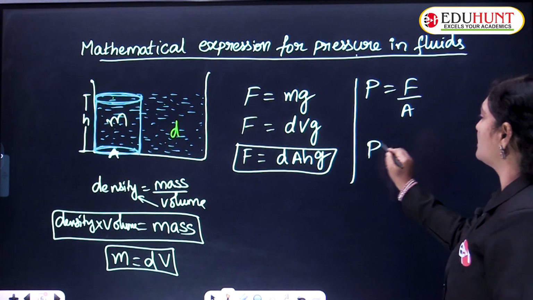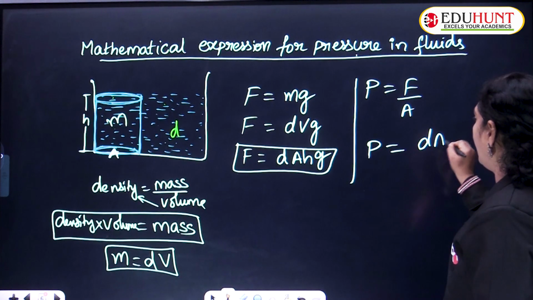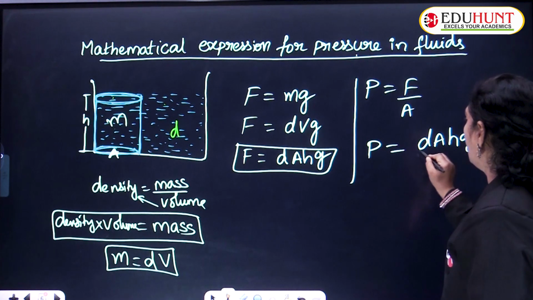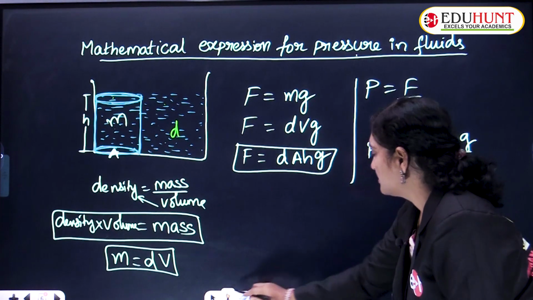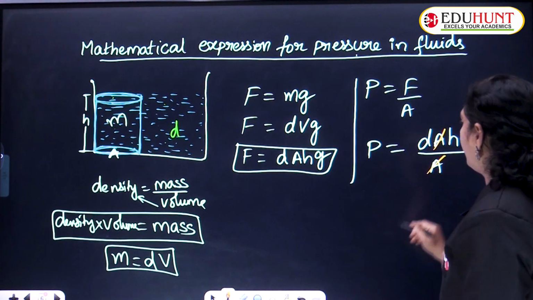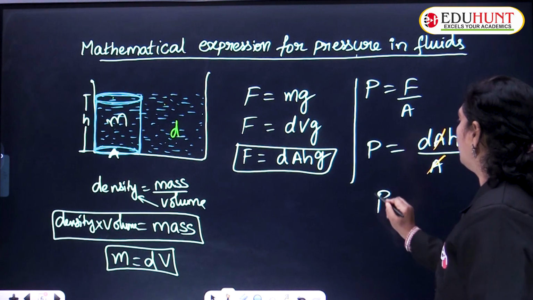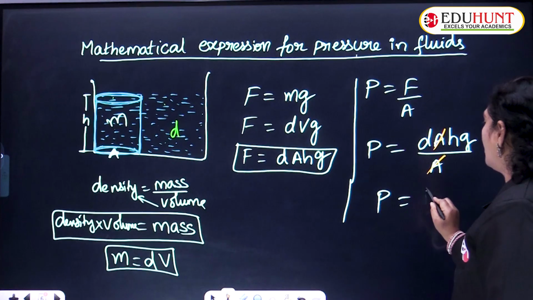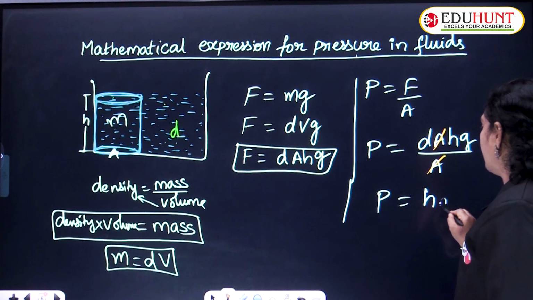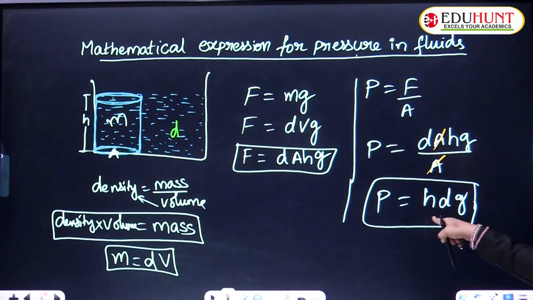So pressure is equal to dAhg over A. Let us cancel A and A. Then you are left with pressure P is equal to hdg. I'll write H first and D next.